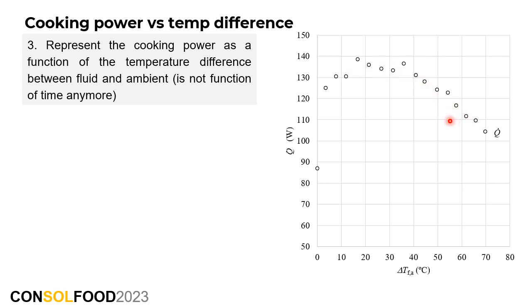You can see that the cooking power decreases when the temperature difference between the water and the environment is higher due to increased heat losses, and this is to be expected. But you can also see that there is a first part of the plot where this trend is not observed, and this is due to transient effects that affect the first part of the test.